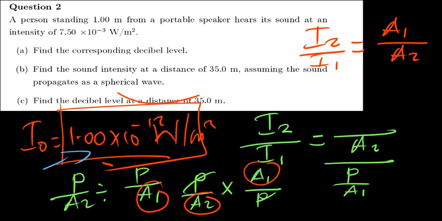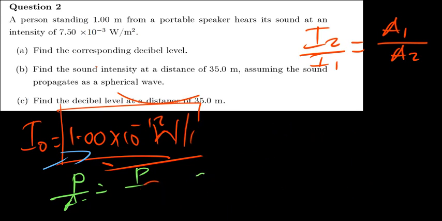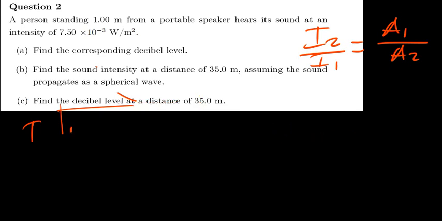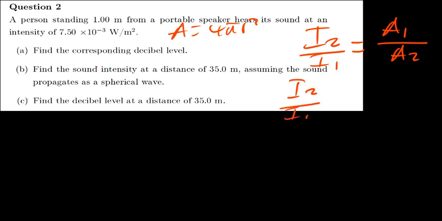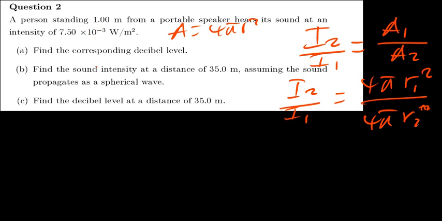Under a spherical wave, area is given by 4 pi r squared. So I'll specify that my area 1 is 4 pi r1 squared and area 2 is 4 pi r2 squared. Now I can clearly see that the 4 pi cancels out.